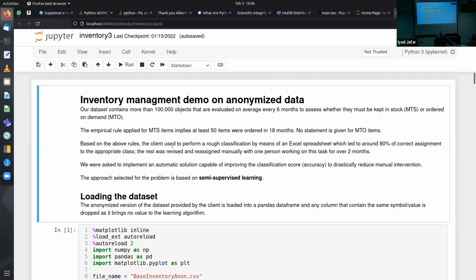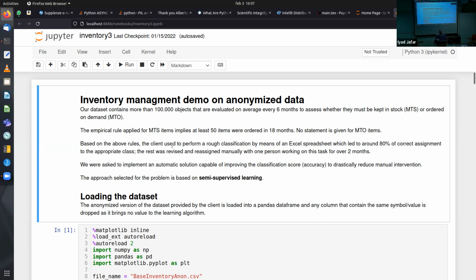So we had more than 100,000 items, and I will show you. What we were told is that there's kind of an empirical rule that they use. So if a certain item is ordered more than 50 times in an elapsed time of 18 months, they keep it in stock.